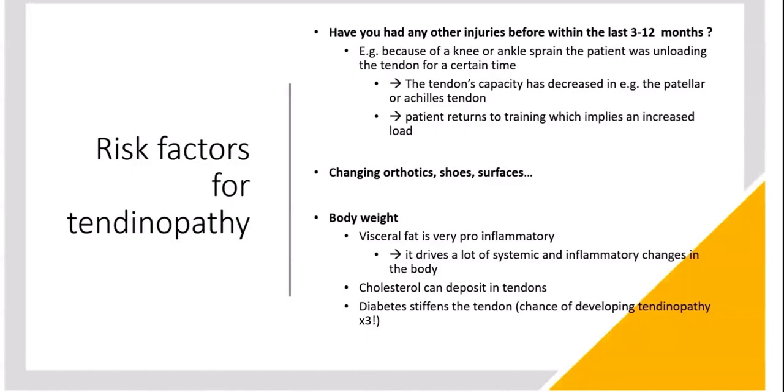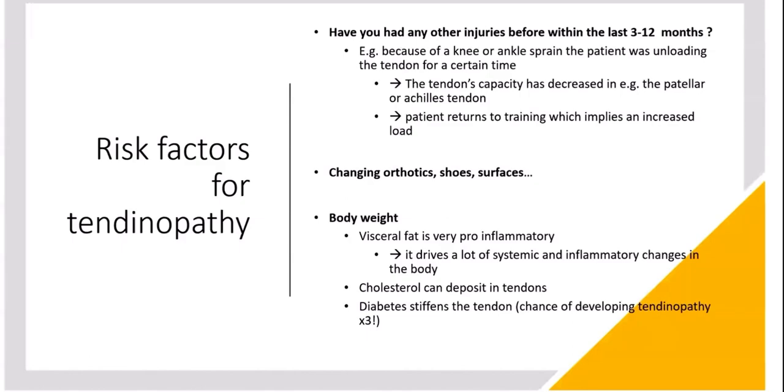The tendon's capacity decreases, and then the patient returns to training, which implies he has an increased load. So something could go wrong if he returns to activity too fast or too heavily. As I mentioned before, check the shoes, check the surface on which the patient is running, perhaps the change of orthotics.